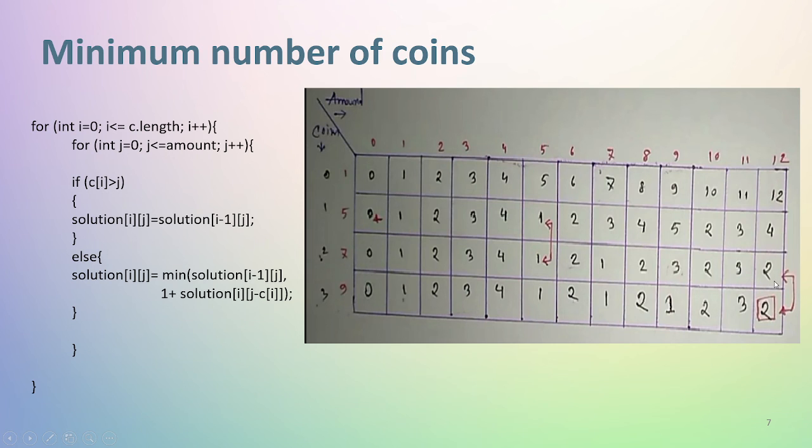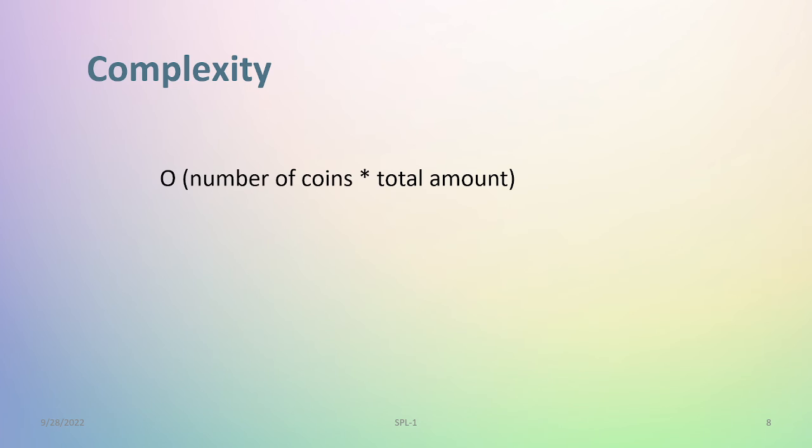We get to the 5 amount. Here we find 1, and above is also 1, so we go above. Now we can see these two are not the same, so we select 5. That means we select two coins, 5 and 7, to pay this amount.